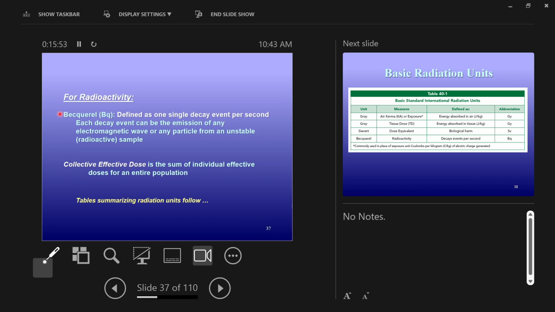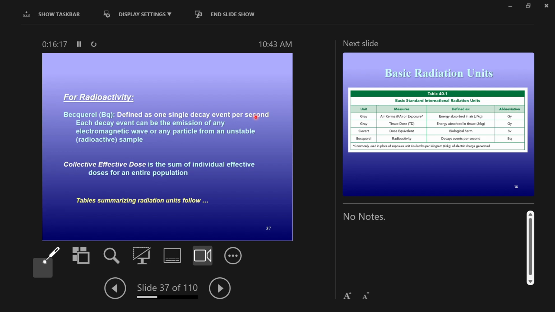It's named for one of the early people who worked in atomic physics, Henri Becquerel. But a becquerel is 1 decay event per second. So if a radioactive source is spitting out 1 particle per second, then it has a radioactivity of 1 becquerel.